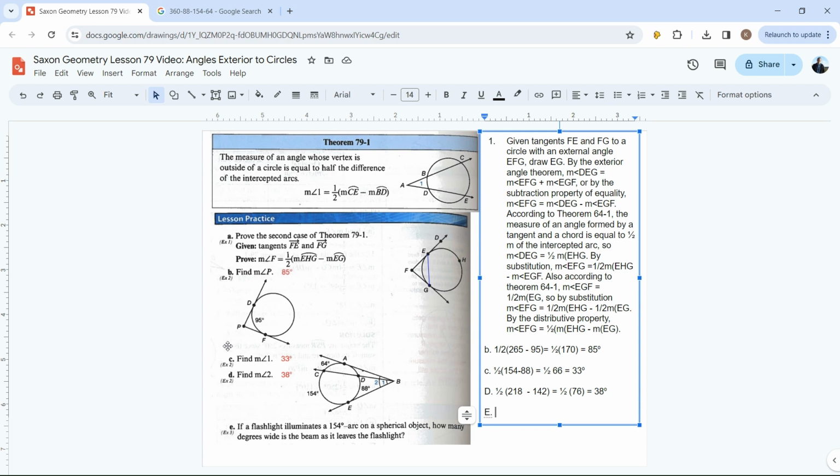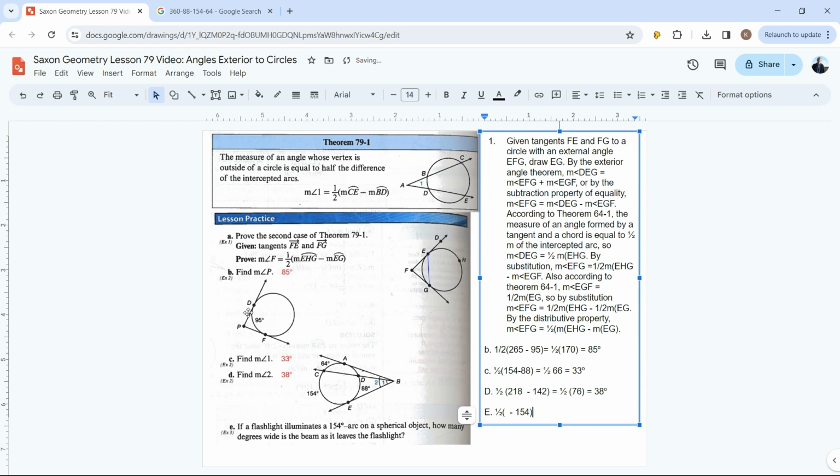Point P is the flashlight shining on a sphere, except this angle here is 154 degrees. So that means that to find the angle of the beam of the flashlight, I'm going to take 154. I'm going to take 1/2 of whatever the other side of the sphere is that I don't know, minus 154 degrees.